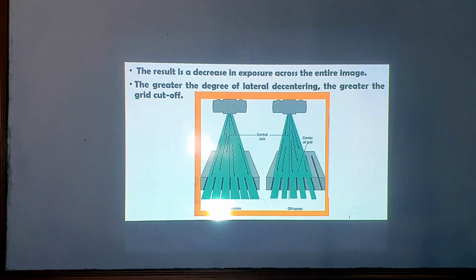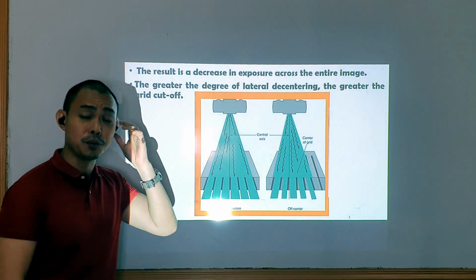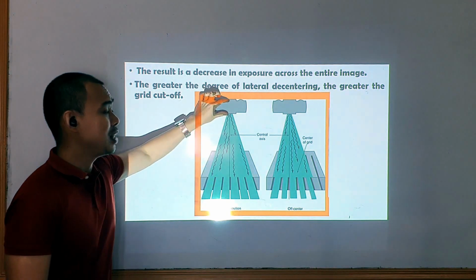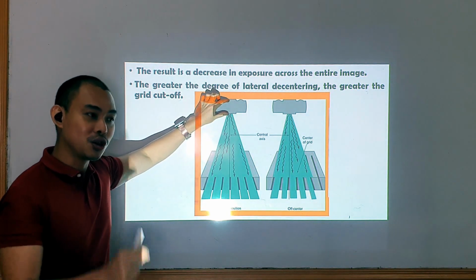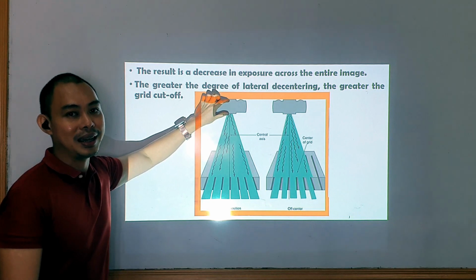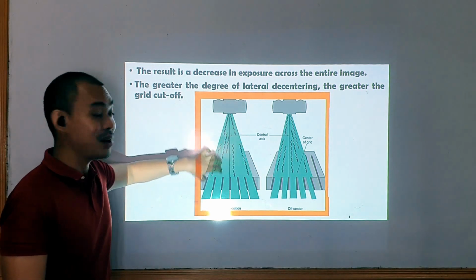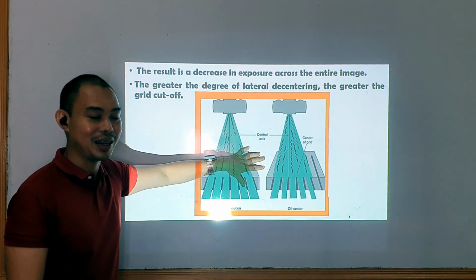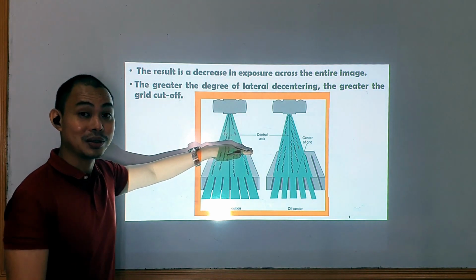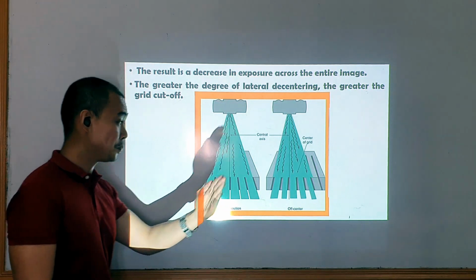The result is a decrease in exposure across the entire image. Try to look at this one, guys. Like what we've said, if we're going to use a focused grid, the X-ray tube must be at the convergence line. Because you have here your grid ratio, grid radius, I'm sorry. You have here your grid radius, right? If we're going to look at it from this view.